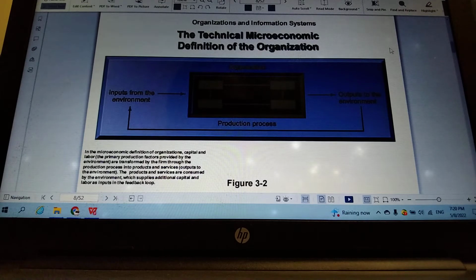The definitions are displayed in the form of an infographic, or in a graphical format, where you can see there is an input from the environment going into the organization, and the organization itself will have a production process, or what we call a set of activities, processes, and steps.